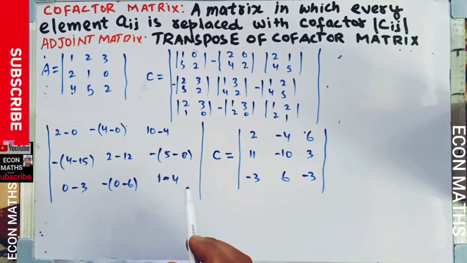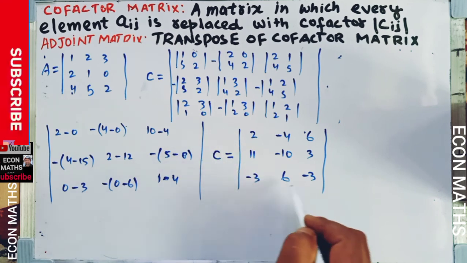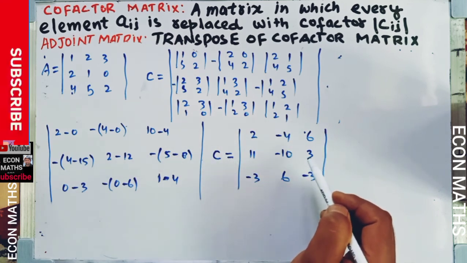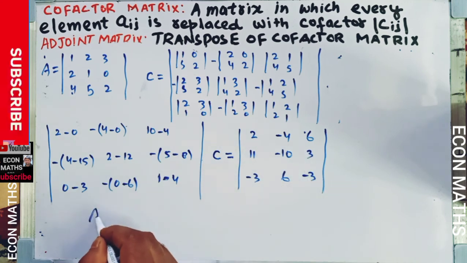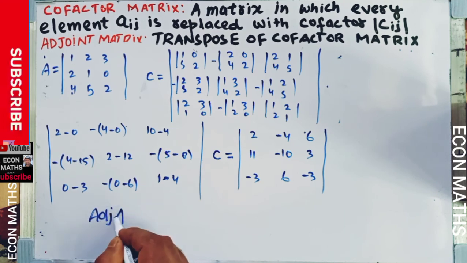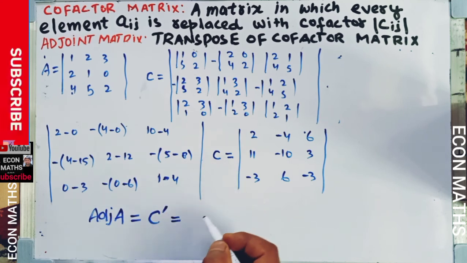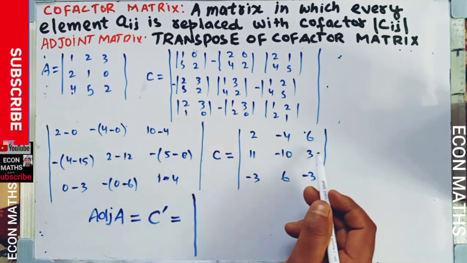Now the transpose of this matrix gives us the adjoint matrix. That is, the adjoint matrix is given by the transpose of the cofactor matrix. Now the cofactor matrix is here. This is the cofactor matrix.